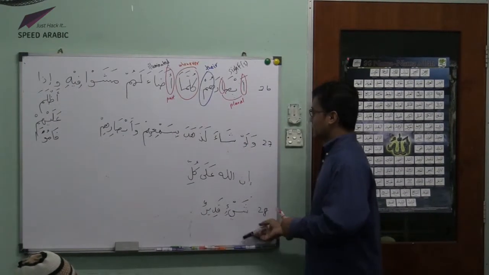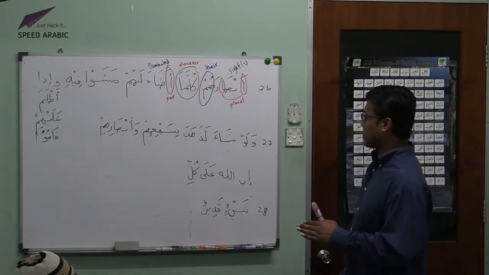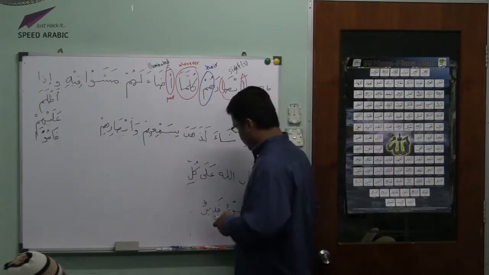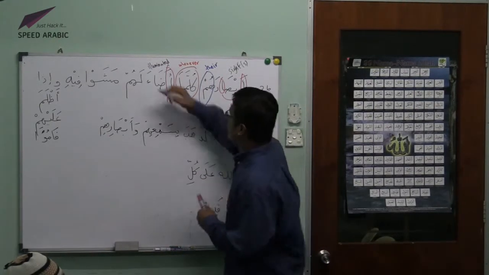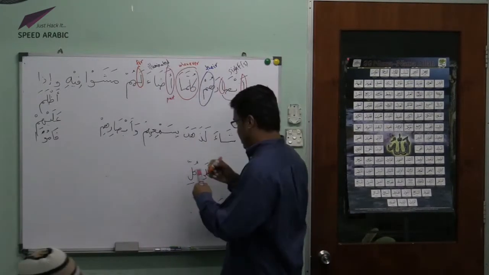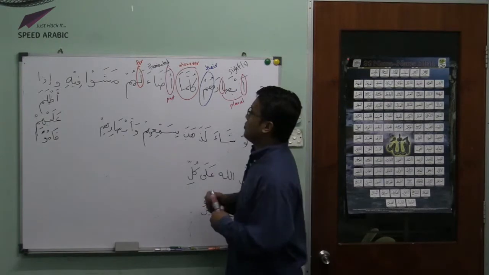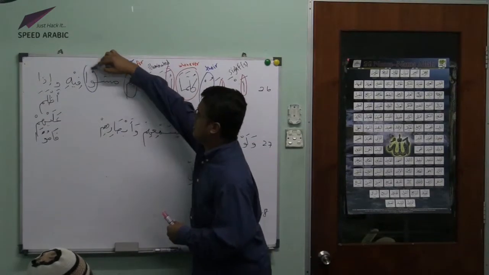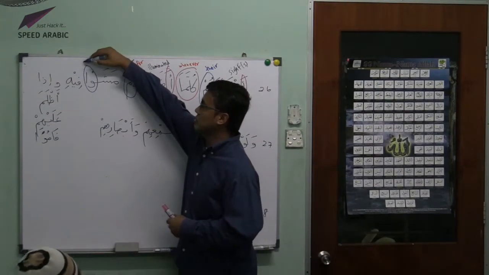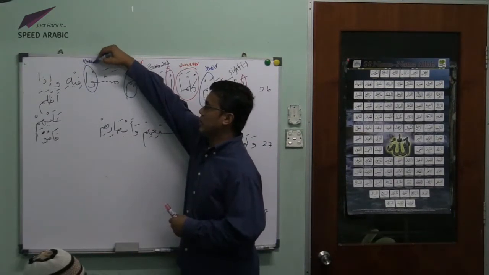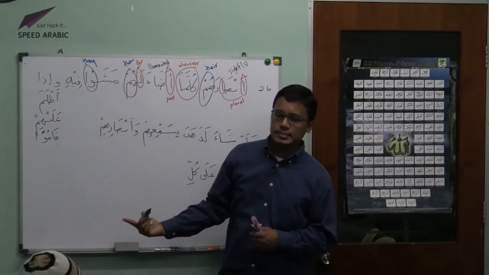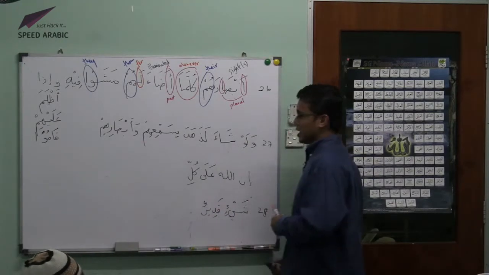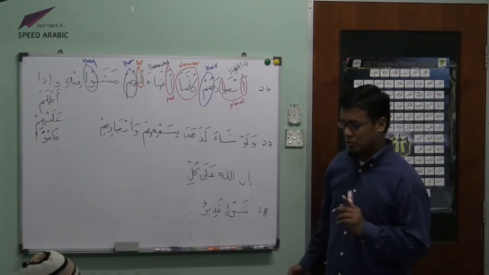Lahum, for them, right? For them. Mashaw fihi. The waw alif is a suffix, which means they. Okay, past or present? Past, because there is no prefix. Okay, but you are left with how many roots?